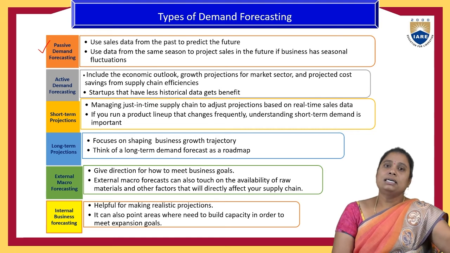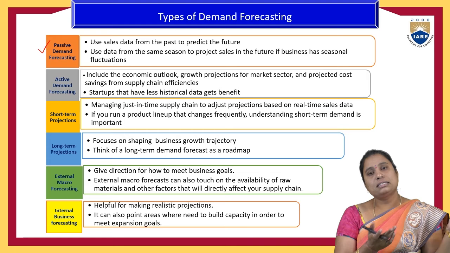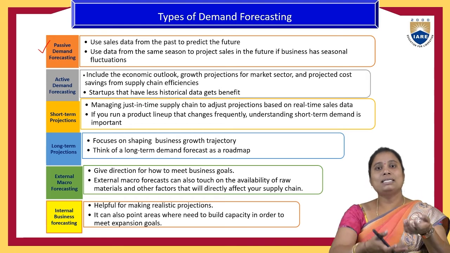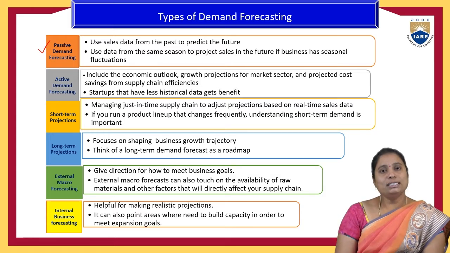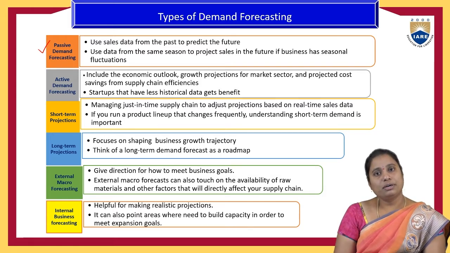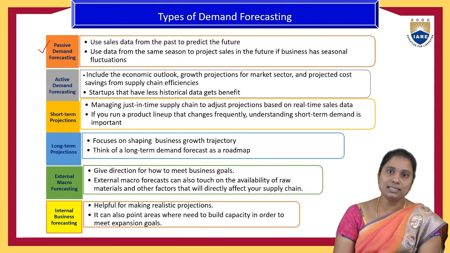Last year's winter season, or this winter season, summer season, or the Diwali season, or the festival season, Ramzan, in all these situations, festivals, any of these kinds. How the product sales were in the previous year, and how much we can expect this year.